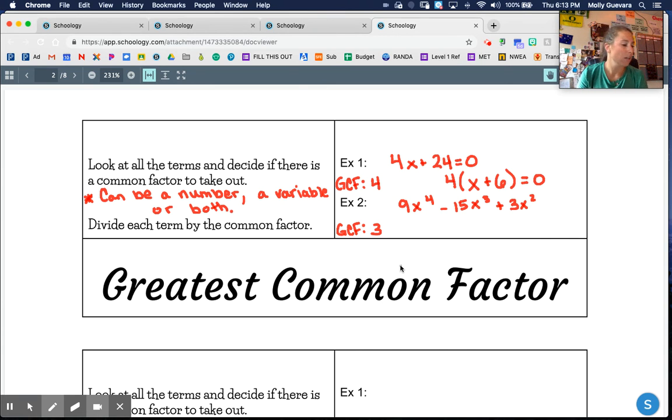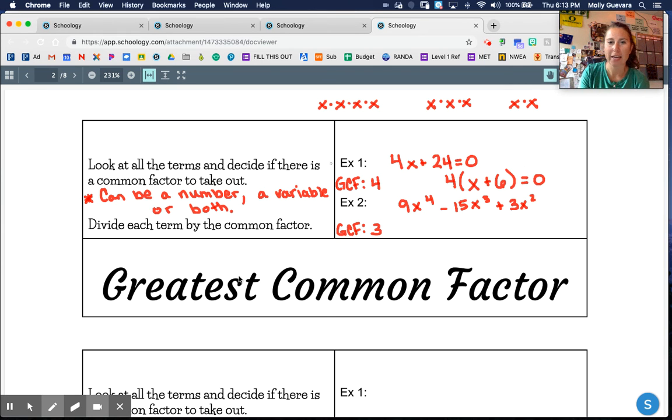Okay, now I'm going to look here. I'm going to do this up top again. You don't have to write this. I have 4 x's in the first term. In the second term, I have 3 x's. And in the third term, I have 2 x's. So the question that I need to ask myself is, what is the most that I can take out?